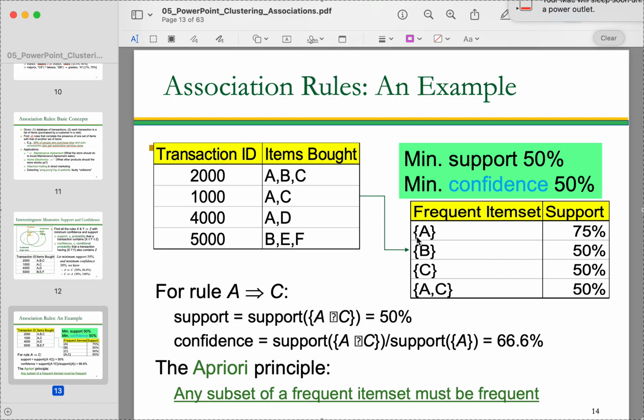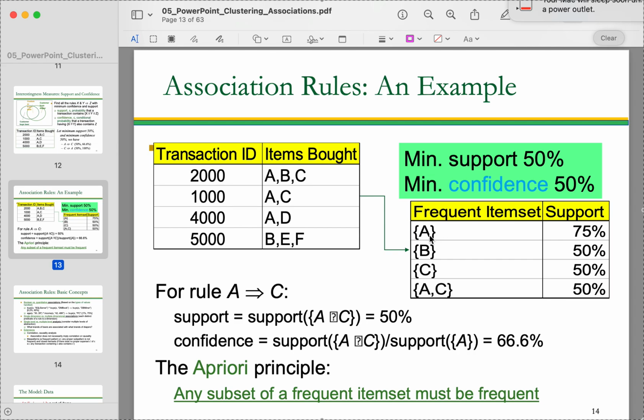So, out of the ones that are frequent, what we're going to do is start creating 2-element sets. So we started with a single element like A, B, and C on its own. Now, from the frequent sets, we will combine them together to create 2-element sets.